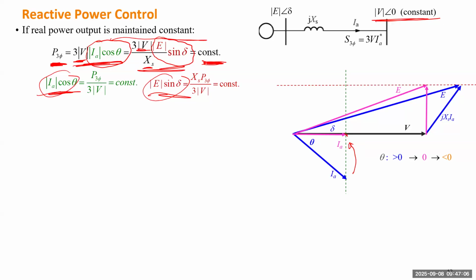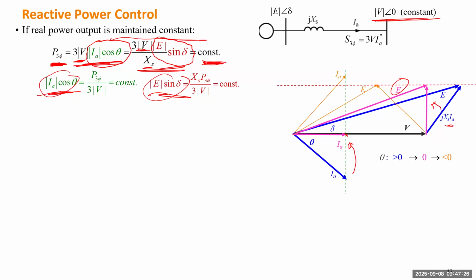The theta becomes 0. And to finish that phasor diagram, the voltage drop will move to this vertical line. And finally, this one will be the excitation voltage. It's still along the horizontal line.